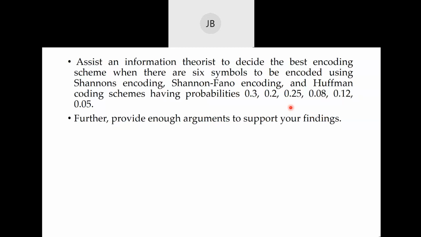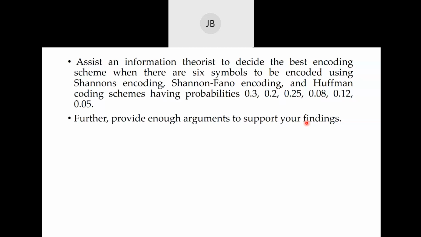So what's the meaning here? There are 6 symbols and their probabilities are given. So some information theorist has to decide, if he uses Shannon coding or Shannon-Fano encoding or Huffman coding, what is the performance? Based on the performance, you have to give suitable recommendations or arguments to say which is better.